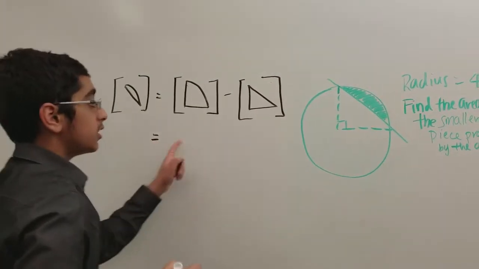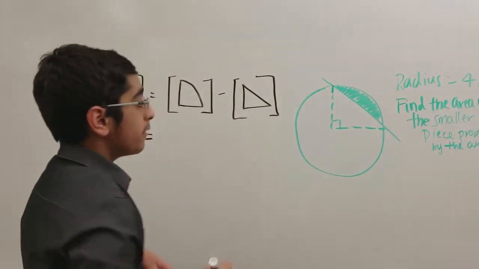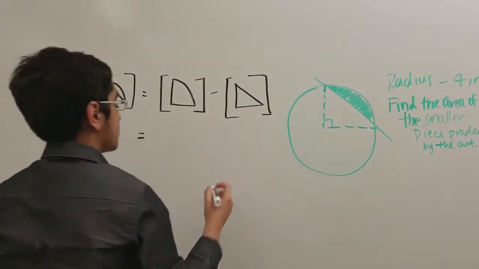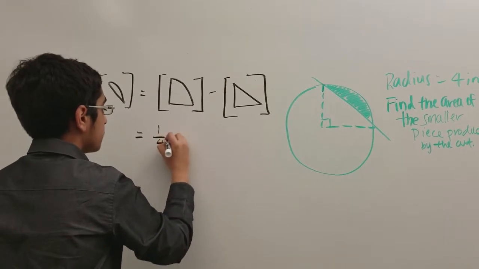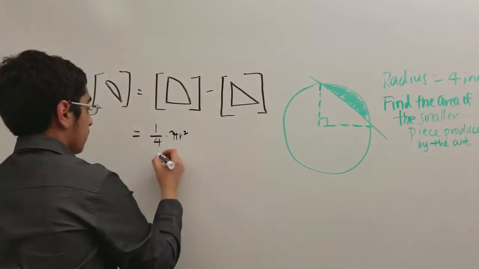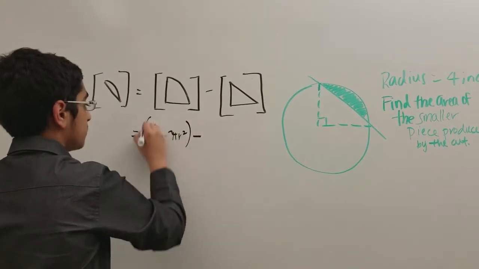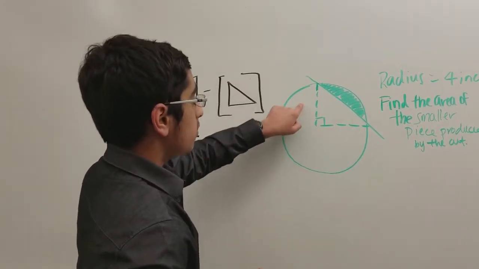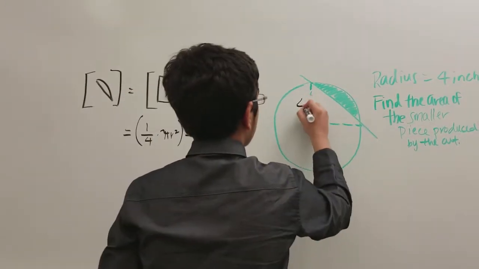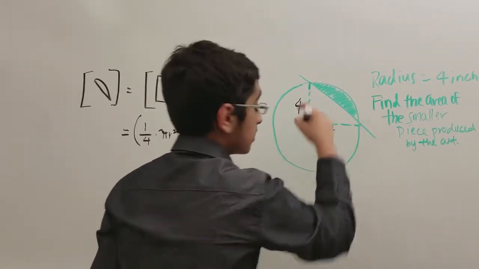So let's see if we can find the area of each one individually. The formula for the area of a 90-degree sector is 1/4 times the total area of this circle. And we want to subtract the area of this triangle. We know that it's a 45-45-90 triangle because the radii are both 4 inches, and these side lengths are equal.